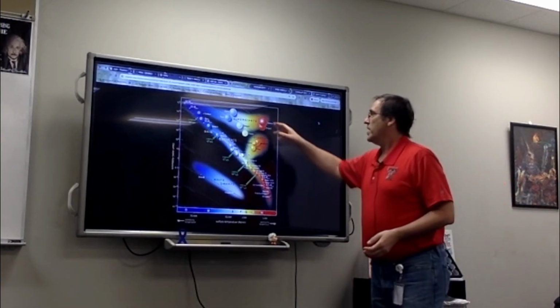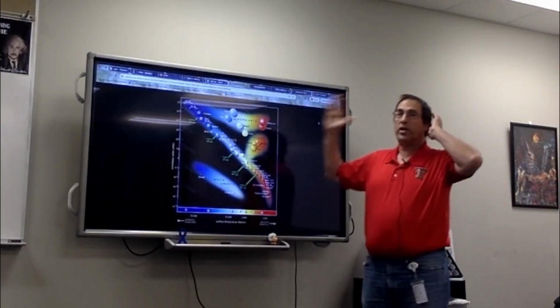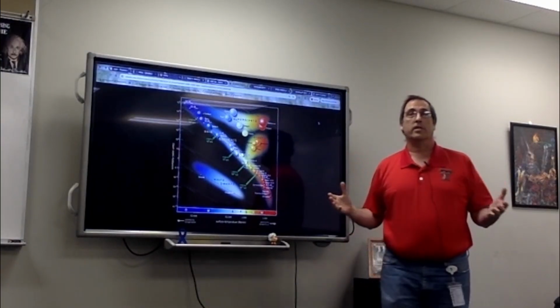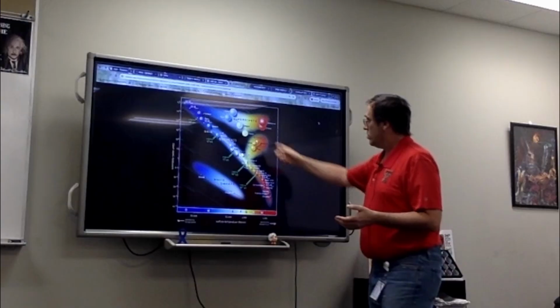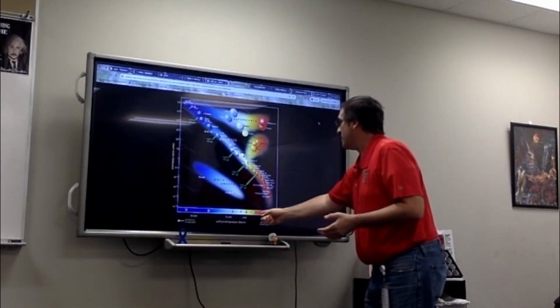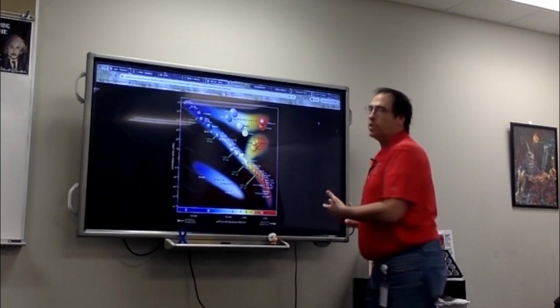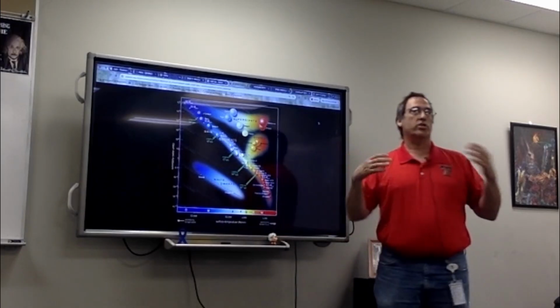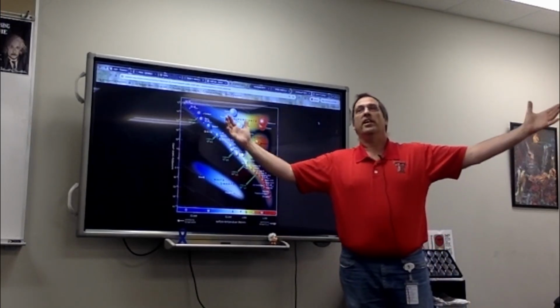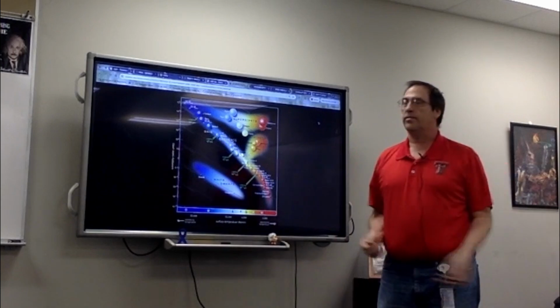But anyway, it's this huge, incredibly bright star. In fact, it's the brightest star in the constellation Orion. And yet, when you look at its temperature, it's a class M star. It is a class M supergiant. Once again, it is so bright because it has such an incredibly high surface area.